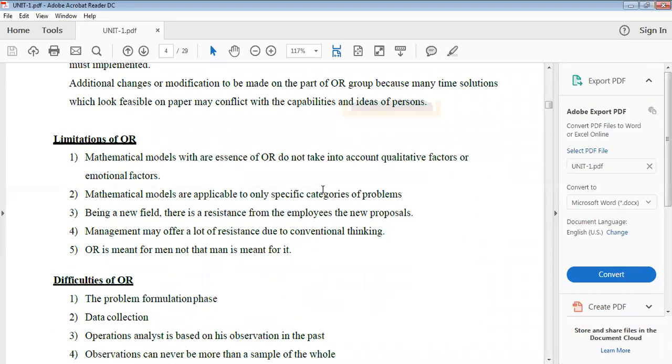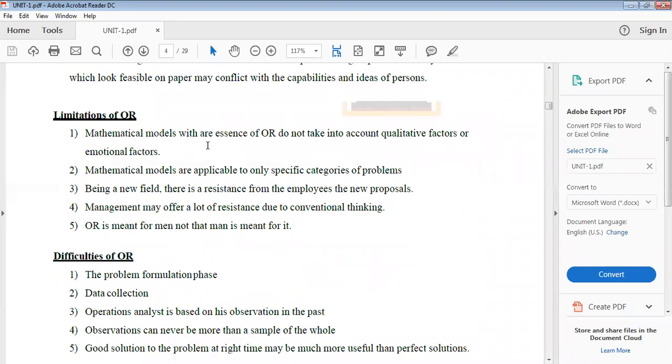Next, limitations of OR. Mathematical models, which are the essence of OR, do not take into account qualitative or emotional factors. Mathematical models means x1, x2, x3, the various factors that are available. They do not consider the emotional factors of the workers.